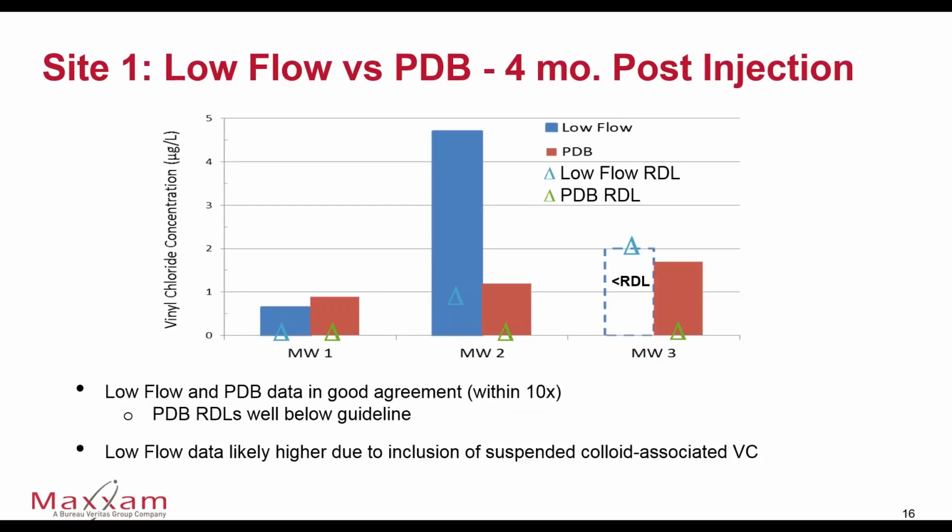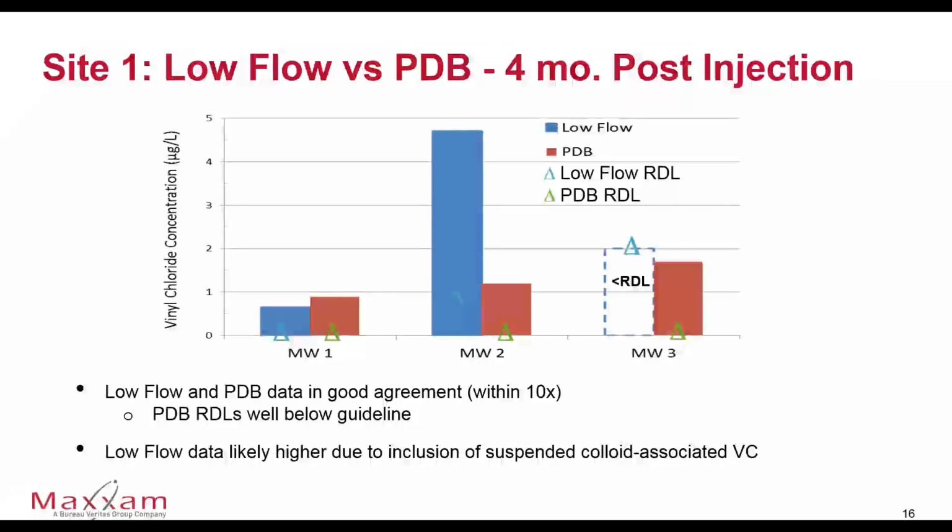So on site 1, here's some further data. These are 3 different monitoring wells. The blue bars are low flow. The red bars are passive diffusion bags, and then the triangles show where the detection limits were for each of these.